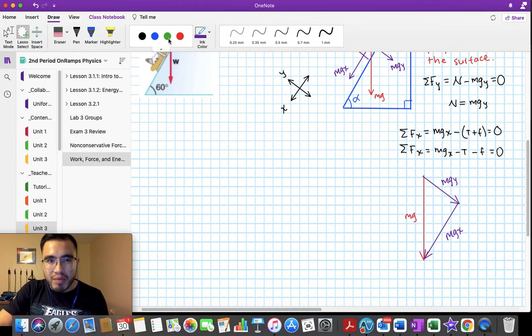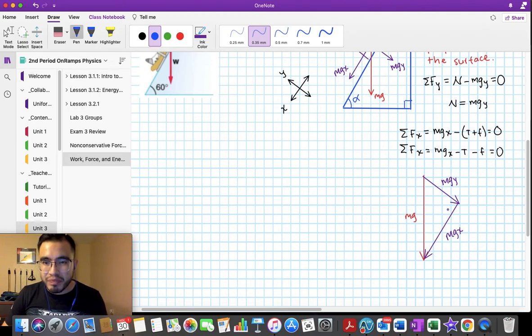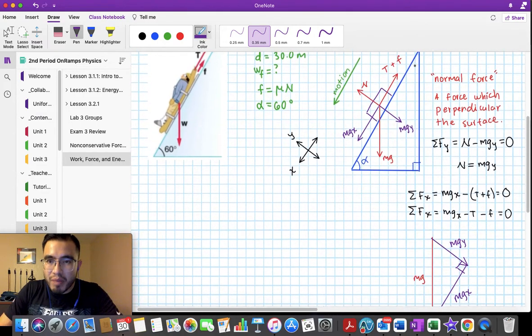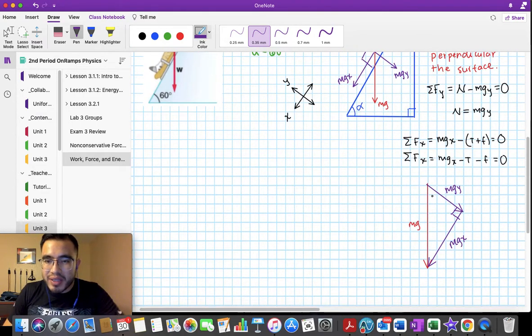I'm sure you saw where the 90-degree angle is, this one. Now this triangle is a reflection of this one, so alpha is not this one, because this one is like the top one. This is alpha over here.